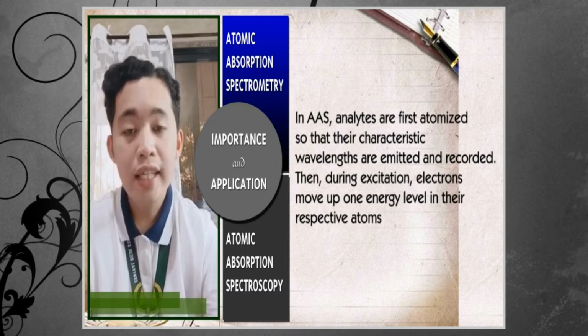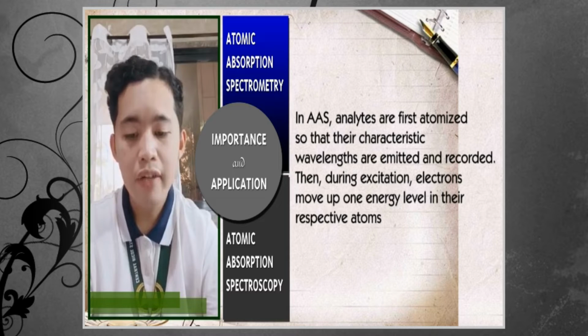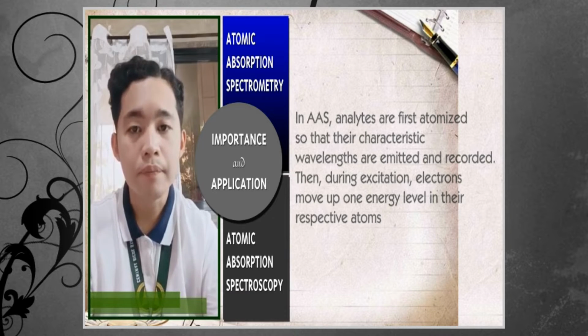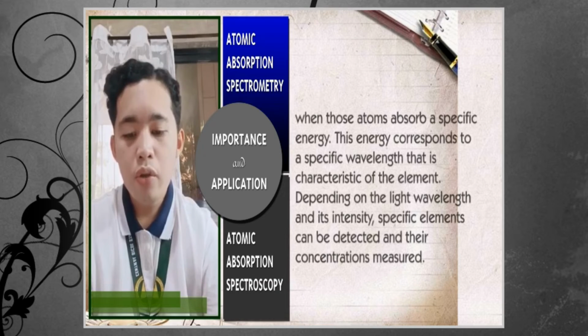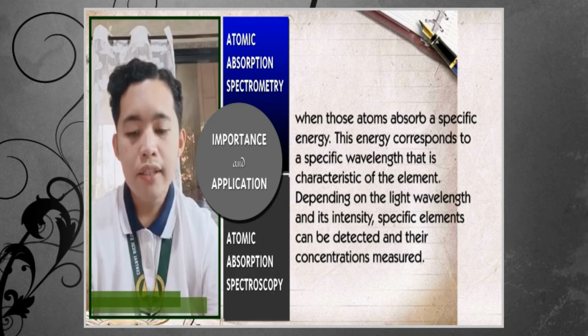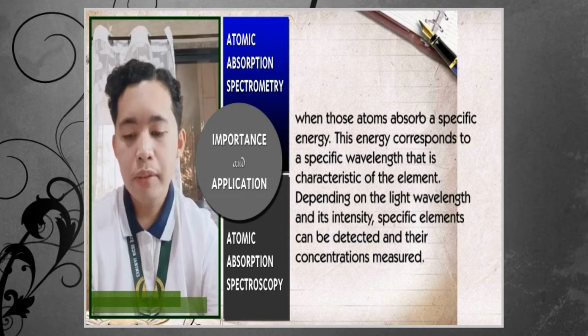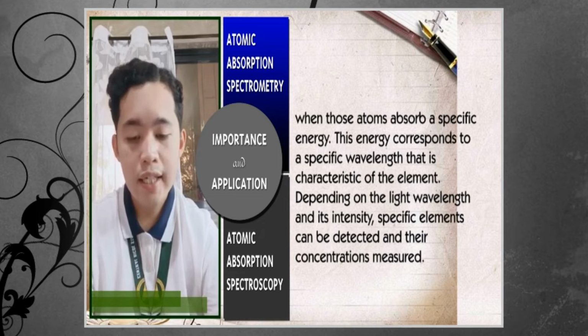Then, during excitation, electrons move up one energy level in their respective atoms, as we can see in this figure number 1. When those atoms absorb a specific energy, this energy corresponds to a specific wavelength that is characteristic of the element.